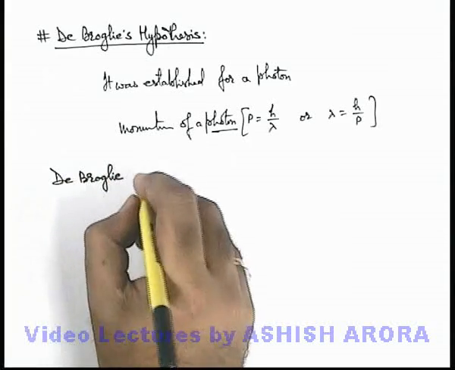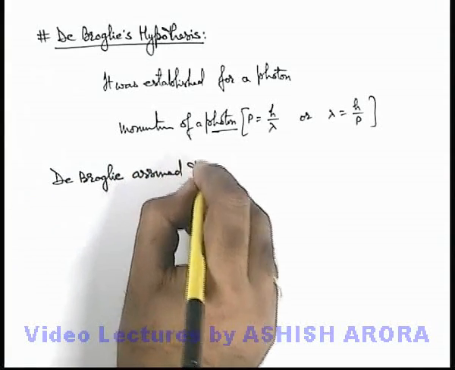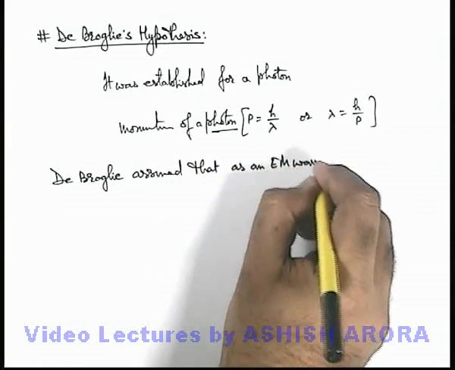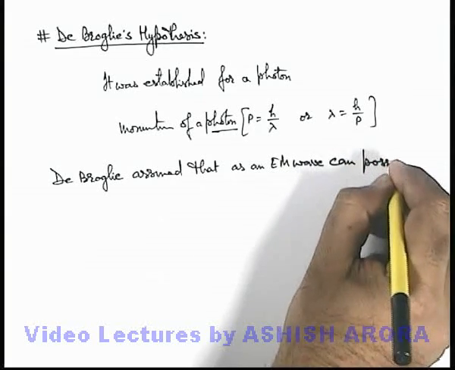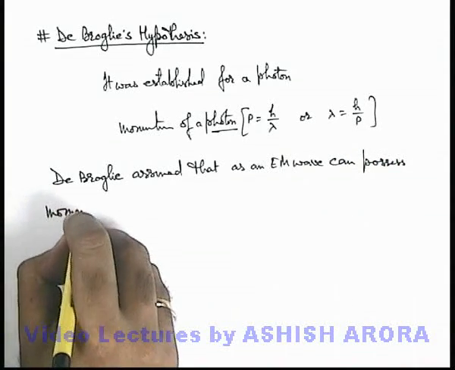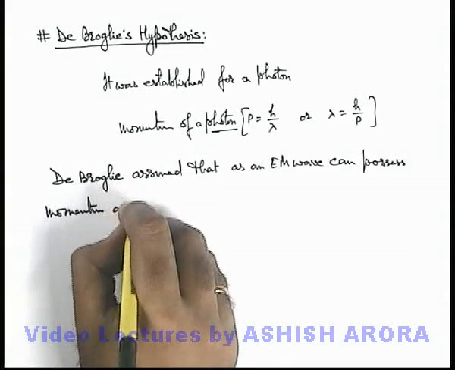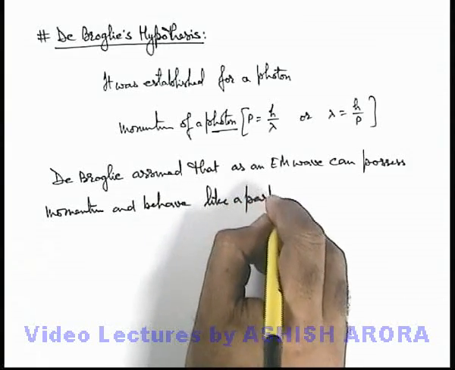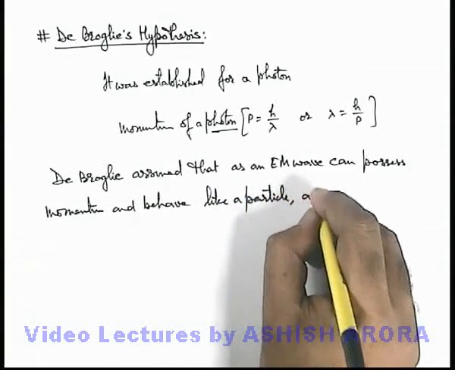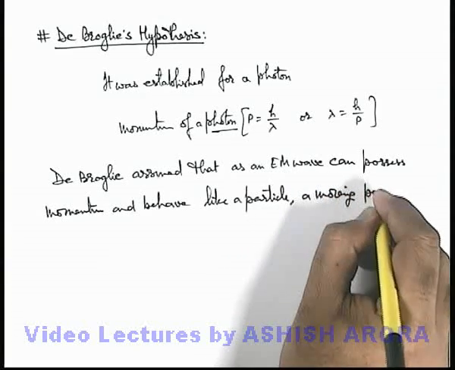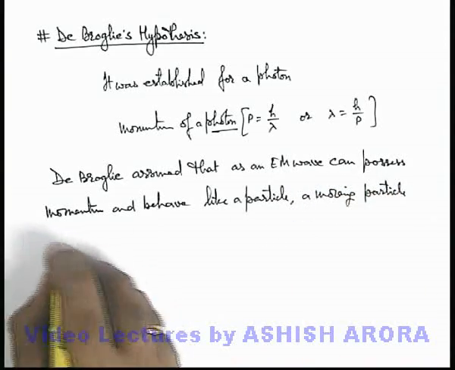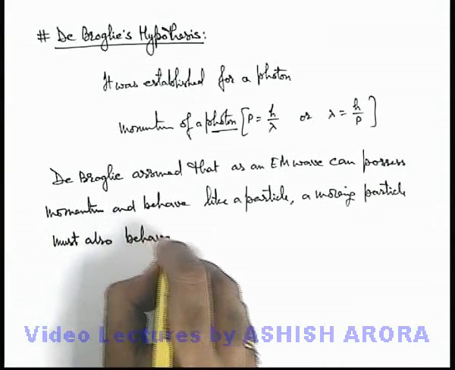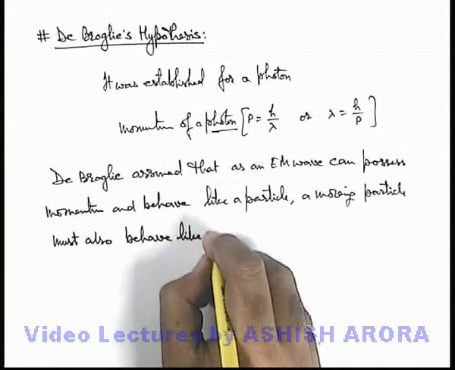in various analyses, de Broglie assumed that as an electromagnetic wave can possess momentum and behave like a particle, we can also say that a moving particle must also behave like an electromagnetic wave.